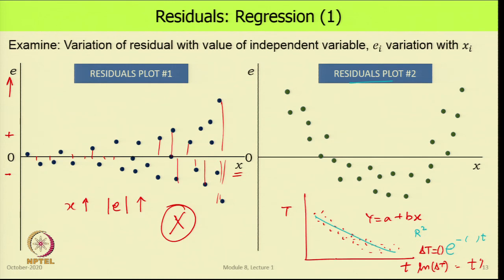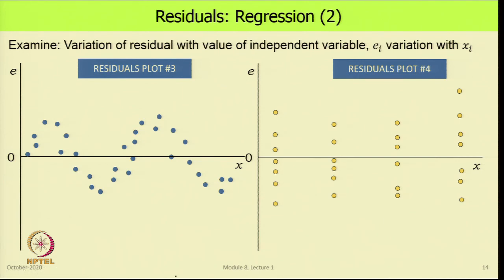So, on a log linear scale, this will look like a straight line, but on a linear scale, this regression technically should be like that. So, that is the second case where our regressions could mislead us.